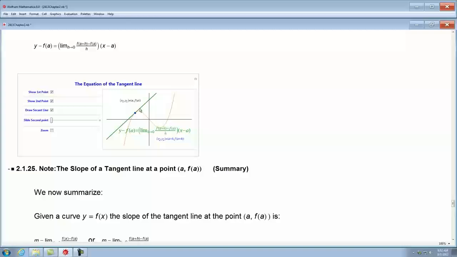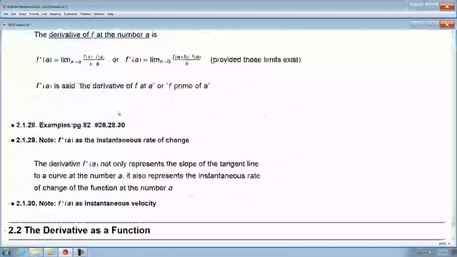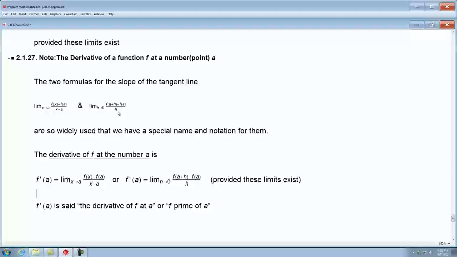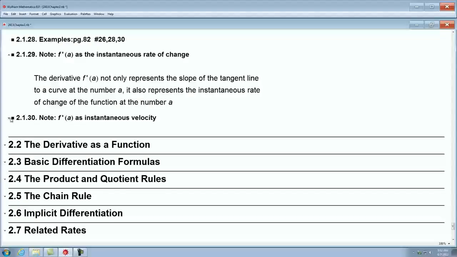The steeper it is, the faster it's changing. The flatter it is, the slower it's changing. And of course, if it's pointed in the other direction, down, then it would be changing negatively. So we'll investigate all that a little more later, but just remember that the derivative is also the instantaneous rate of change of a function.